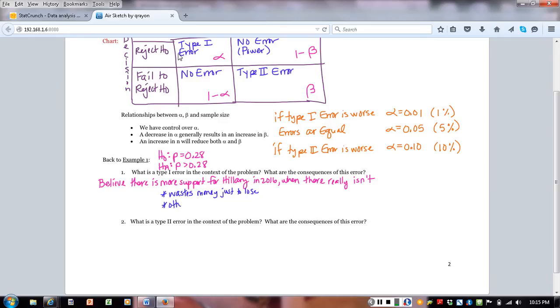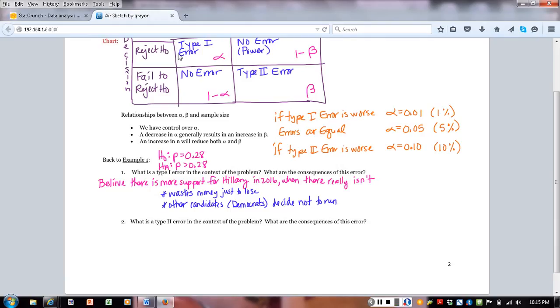Maybe because people think that they're supporting Hillary, other candidates, at least on the Democratic side, decide not to run. And maybe she wasn't our best candidate. So there are some bad things that could happen if that error were committed.